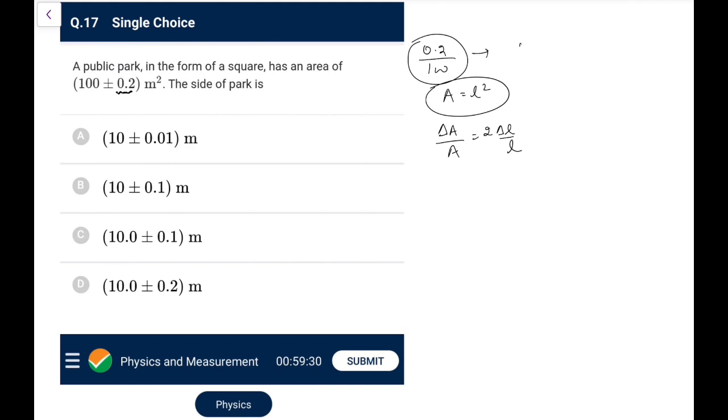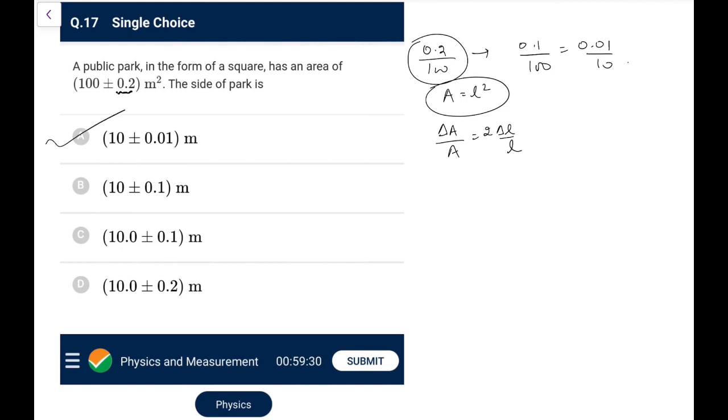So the length error would be 0.1 by 100, or you can call it 0.01 by 10, I suppose. So the correct option in this particular case is 10 plus minus 0.01. Option number A, the only option here that would be correct. So that is the only option that seems visible.